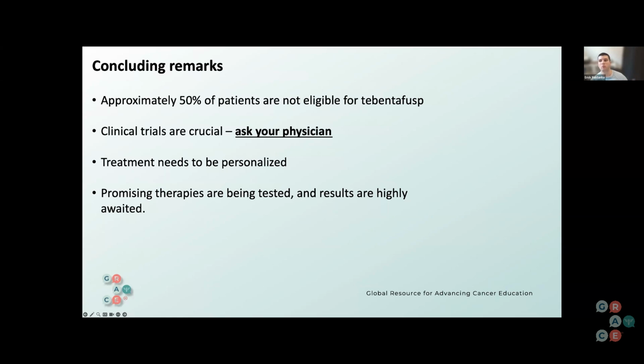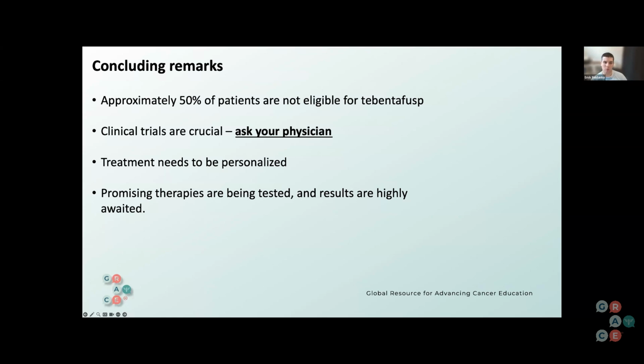This treatment needs to be personalized. This disease is heterogeneous. It requires a personalized treatment approach. It requires a discussion across multidisciplinary tumor boards to tailor the best treatment for each patient.